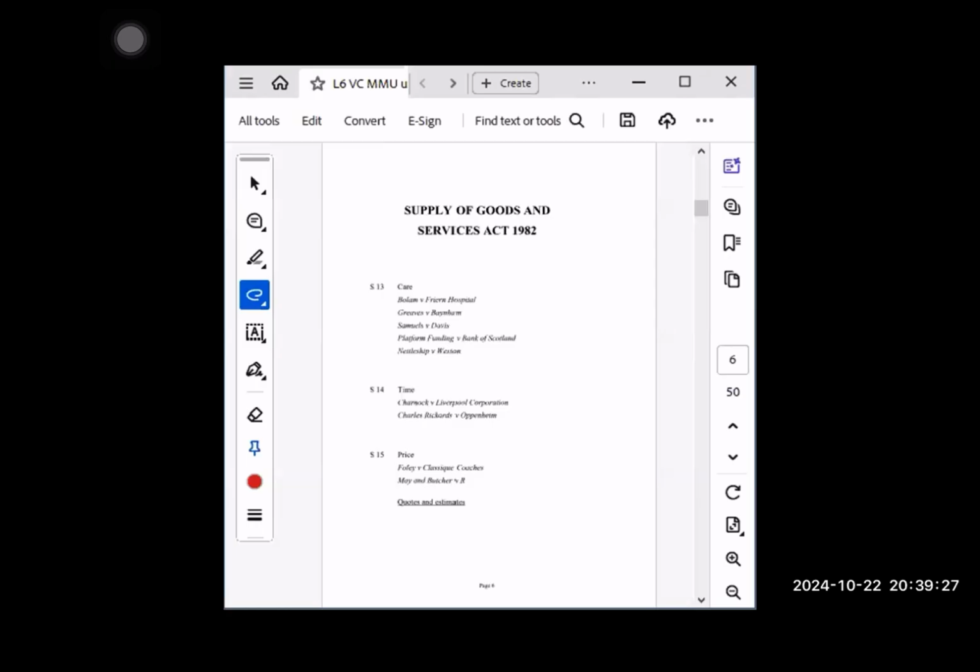Note that there are two distinct levels of responsibility. Duty 1 is the duty to exercise reasonable care and skill. Duty 2 is the duty to provide the finished product which is fit for purpose. With duty 1, the supplier is under a duty to exercise reasonable care and skill, so he is liable only if he is professionally negligent.